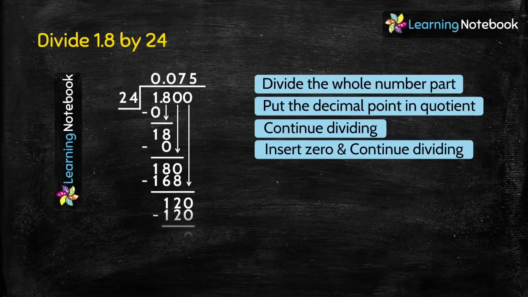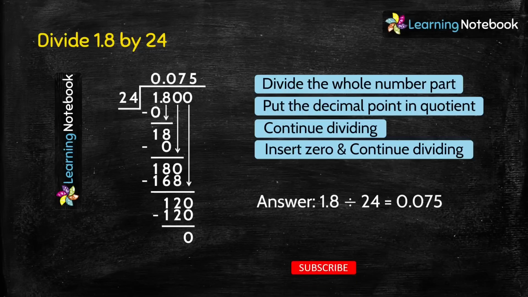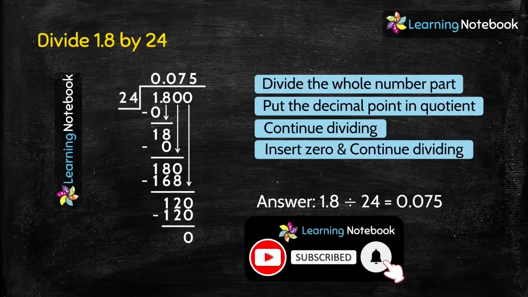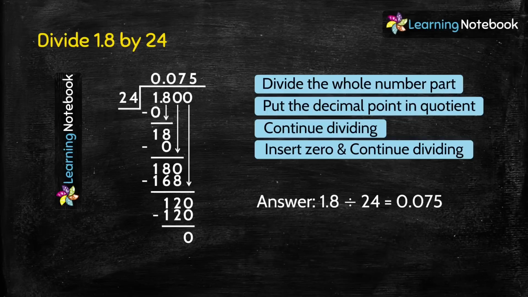So 24 into 5 equals 120, and 120 minus 120 equals 0. So now students, remainder is 0. So our division is complete. So let's write the answer. 1.8 divided by 24 equals 0.075.